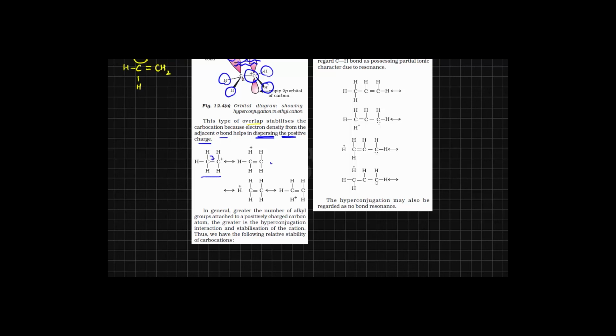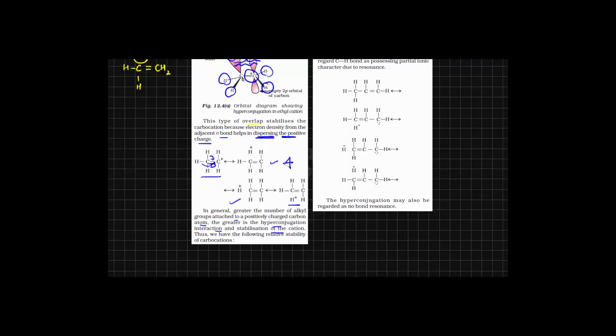This will be your structure. Now, had I made the arrow like this, the structure would be this, or the third is this hydrogen comes over here. So, how many structures in this case? 4. In general, greater the number of alkyl groups attached to a positively charged atom, the greater is the hyperconjugation interaction and stabilization of the cation.